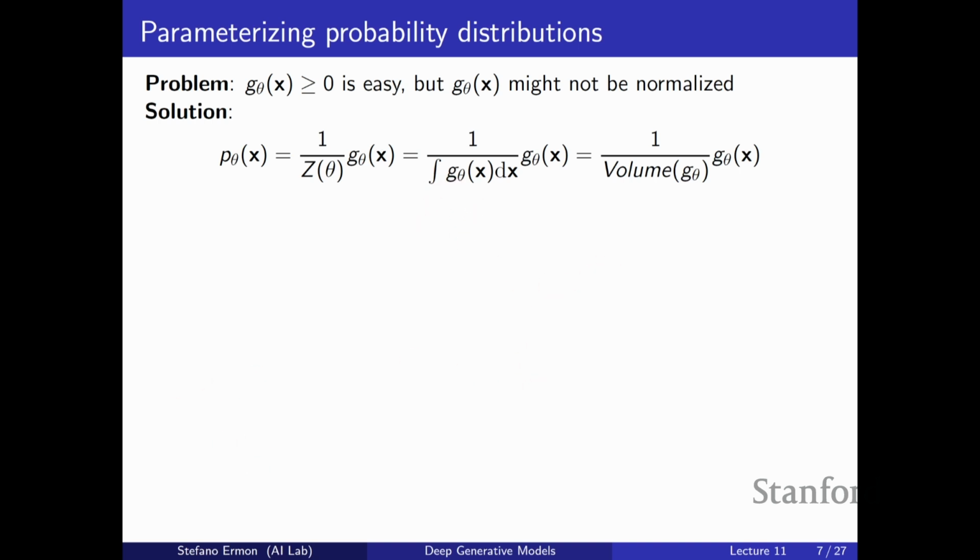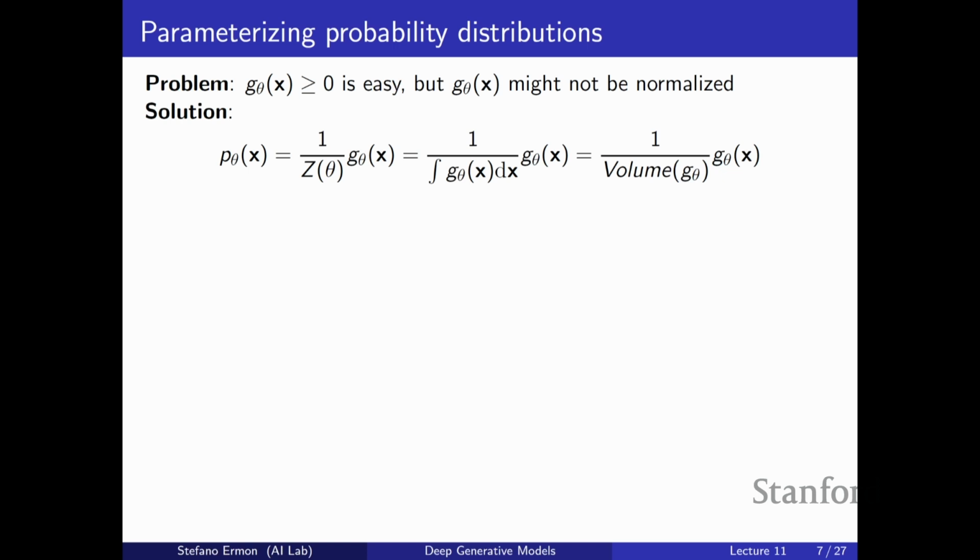And that defines a valid probability distribution because this object is now normalized. So if for every theta you can compute these unnormalized probabilities, the size of each slice of the cake, and at the same time you can also compute how big is the cake, and you divide these two, you get something that is normalized because it's a ratio.